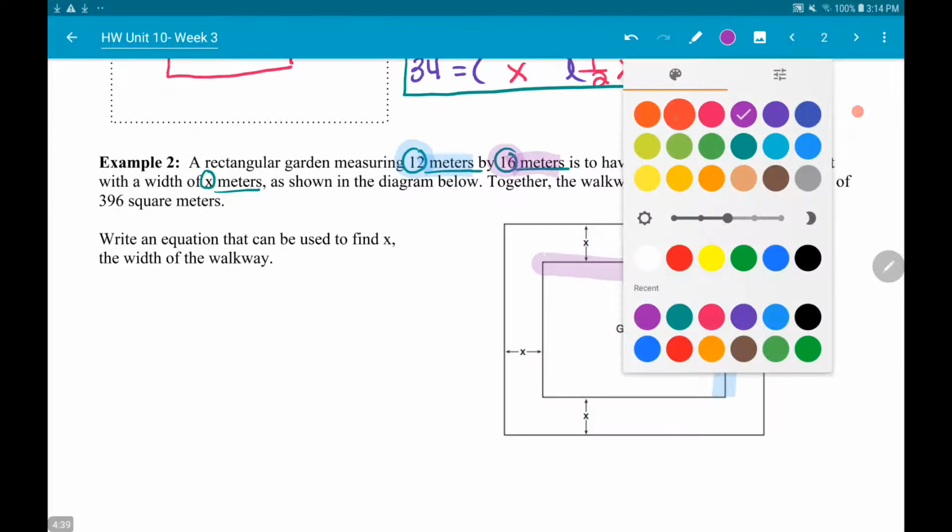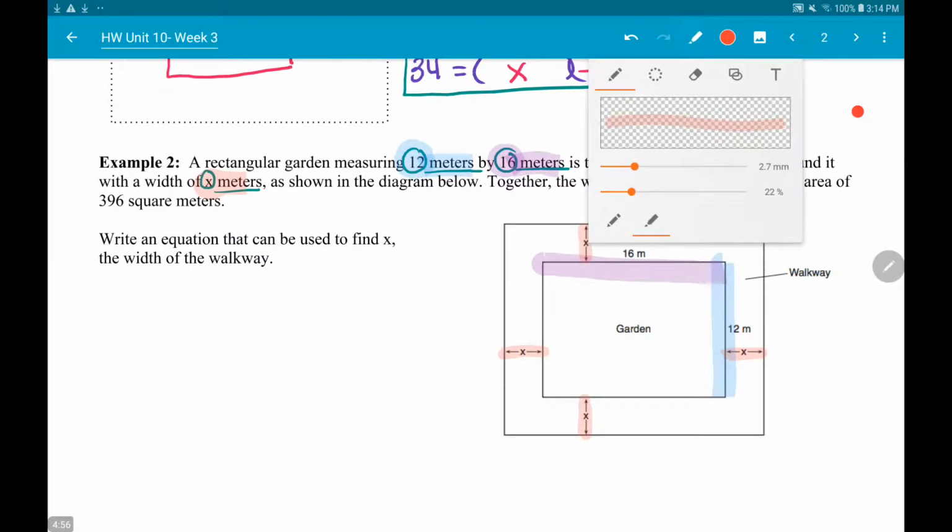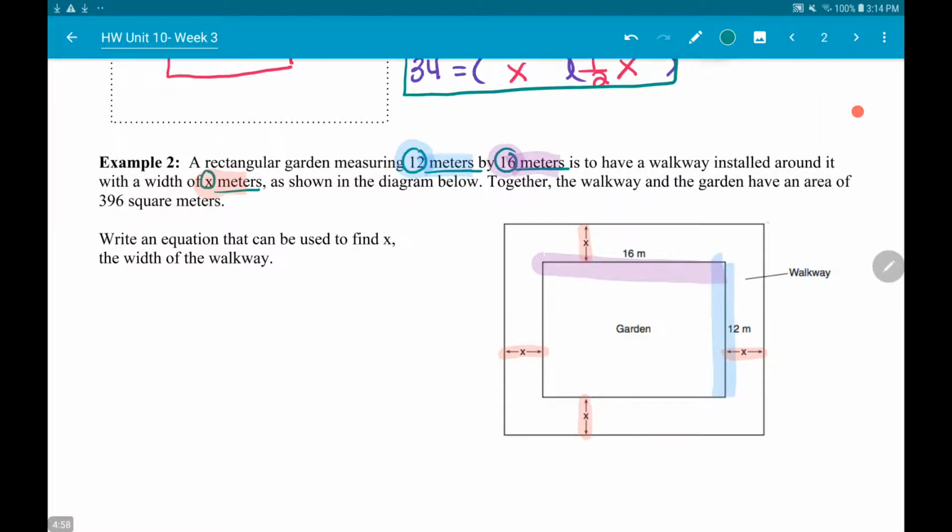We don't know what the walkway is. The walkway is x, so that is all of these pieces. Together, the walkway and the garden, the whole picture, has an area of 396. They want us to write an equation representing this entire diagram.